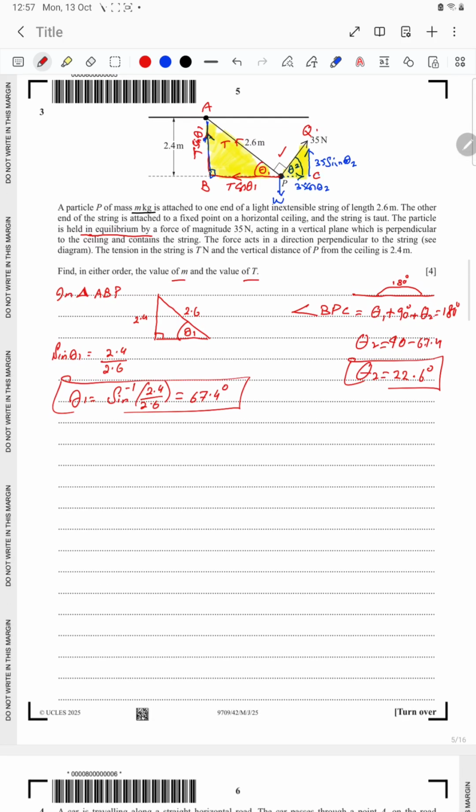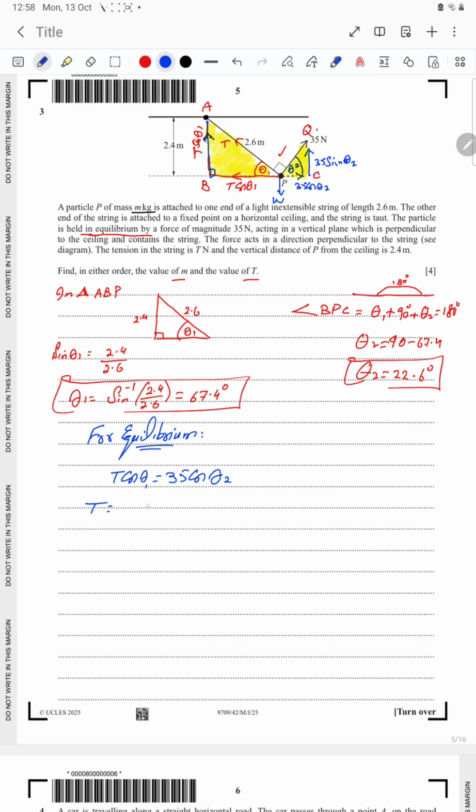Now these two angles will make my life easier. For equilibrium, I can say my rightward forces: T cos theta 1 balances 35 cos theta 2. This is theta 1.